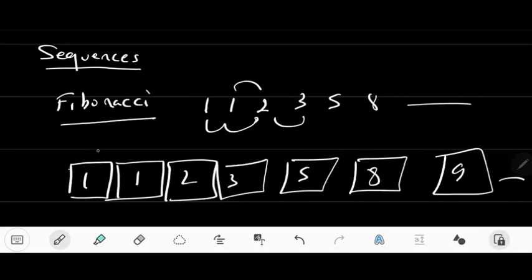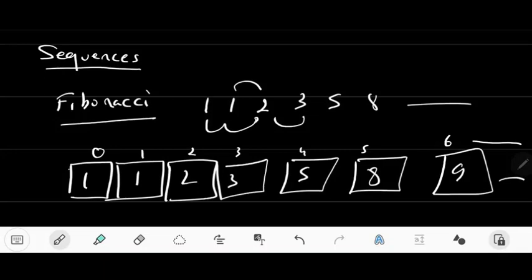So the first one is box number 0, then box number 1, then box number 2, 3, 4, 5, 6, and etc. So any collection of numbers like this one, an infinite collection of numbers, is called a sequence.